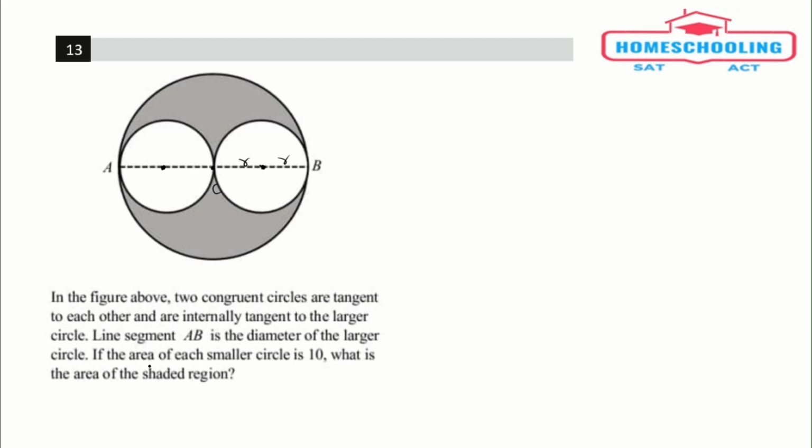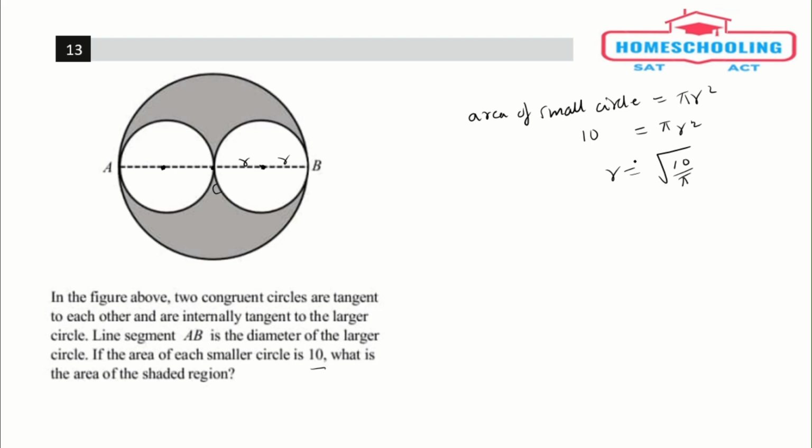So the area of the smaller circle is pi r square. The area is 10 as given in the question, so pi r square equals 10. So r is going to be under root 10 by pi. So this is going to be the radius.